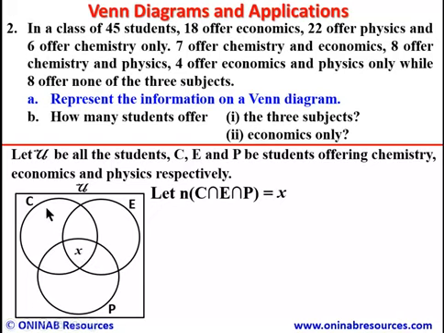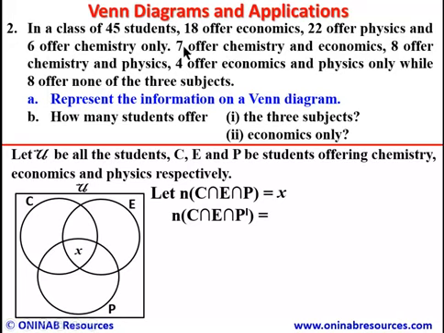Then the students offering chemistry and economics only, that's n of C intersection E intersection P prime. So P is not there. So we are going to have the number of students offering chemistry and economics.